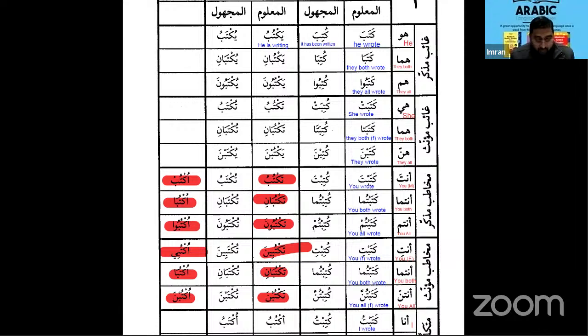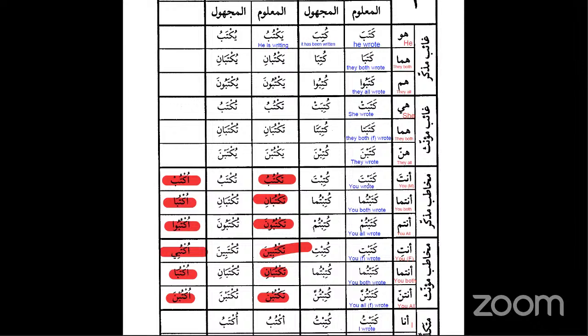Now, I'm just writing this in English and Arabic as well, so you have the Arabic text too. Kataba Muhammadun risalatan. The translation will be: Muhammad wrote a letter.